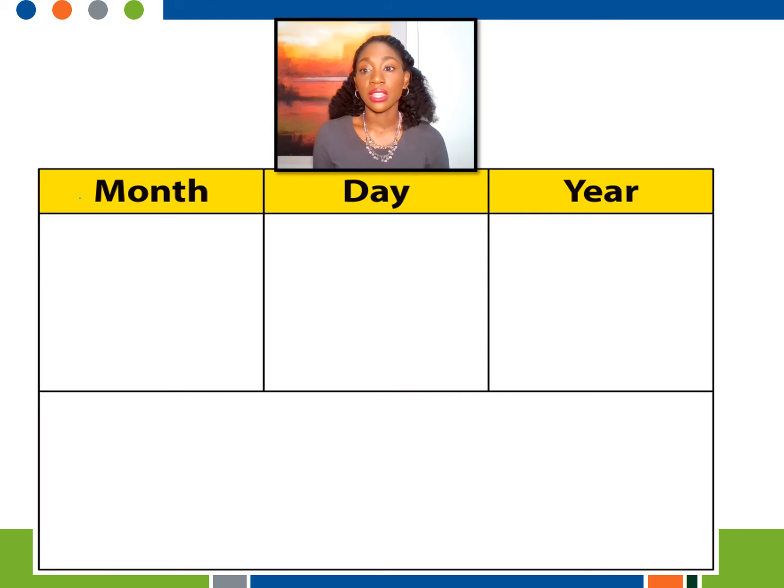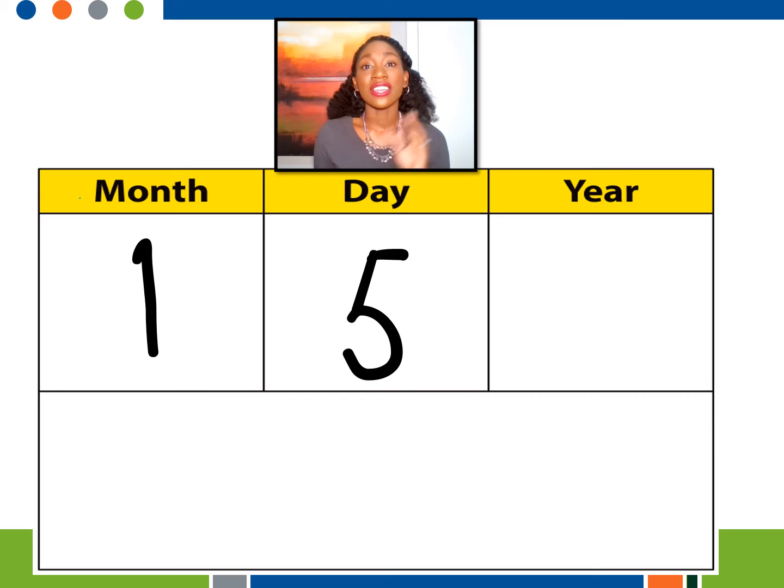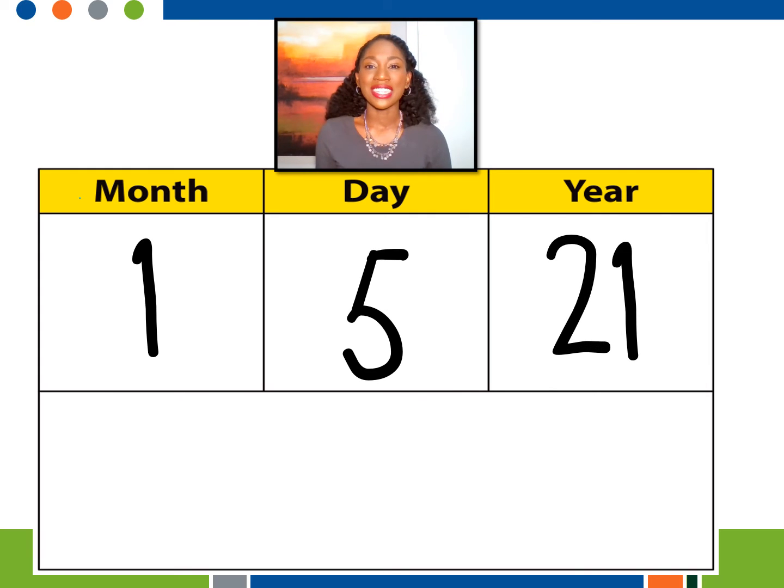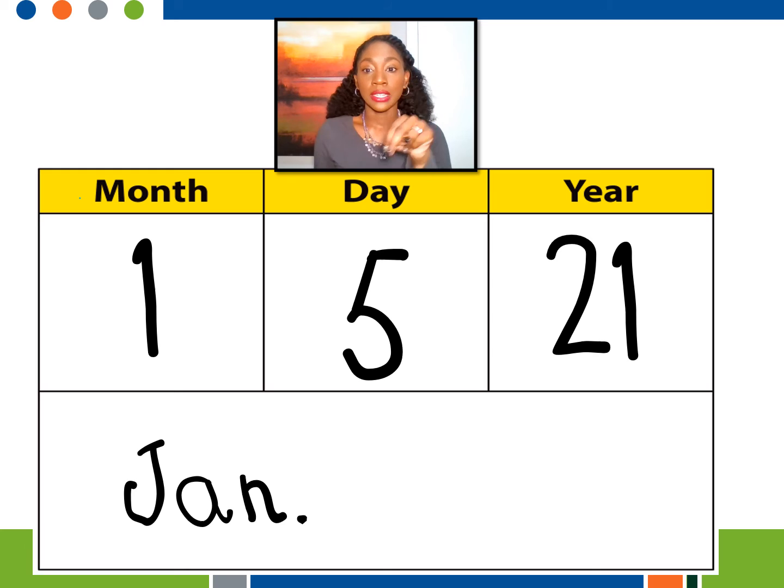So this month is the first month, so I'm going to write a 1. Then today is the 5th, and our year is 2021. But you know your teacher is not going to write all 4 digits. I'm only going to write the last 2 digits, that 2 and that 1. And now I'm going to write the abbreviation for January. And I'm going to bring down the 5 because it's the 5th day of the month, comma, 2021, all 4 digits.